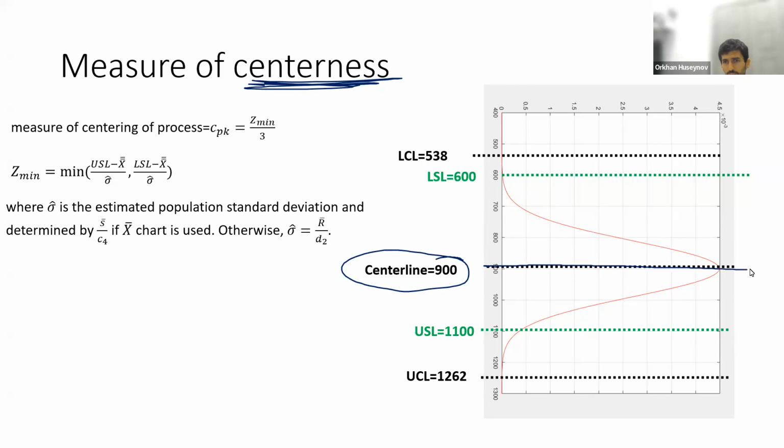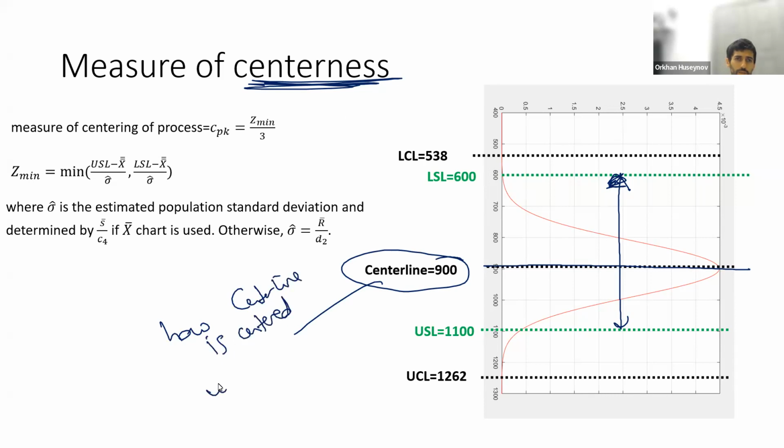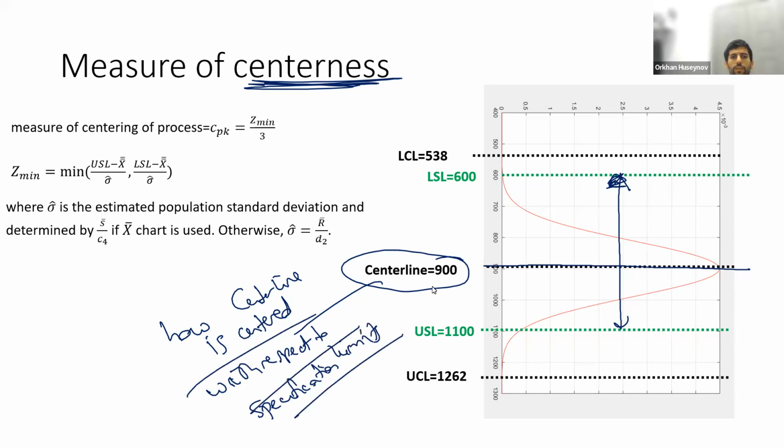How centered is this one with respect to the specification limits? So how centered is the center line with respect to the specification limits. This is the measure of the centerness.